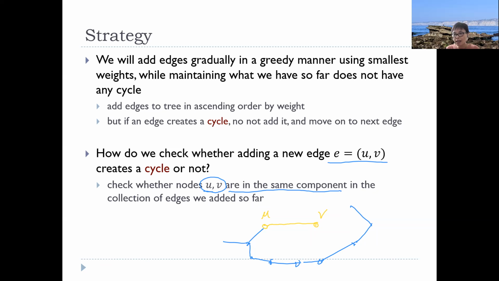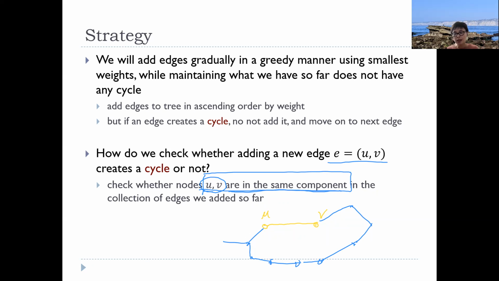If U and V are in the same connected component, that means they are already connected by some blue path. Then adding UV, this yellow edge, would form a cycle. If not, then adding UV will not create a cycle. That's it. So this becomes a test of checking whether U and V are in the same connected component or not.